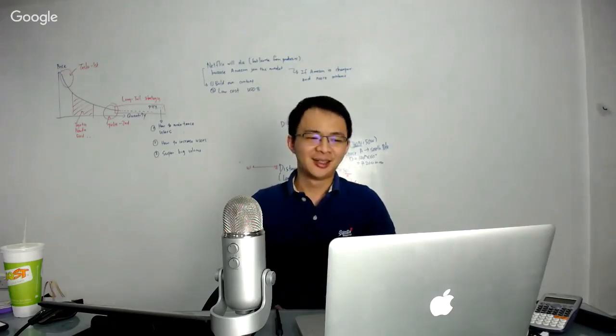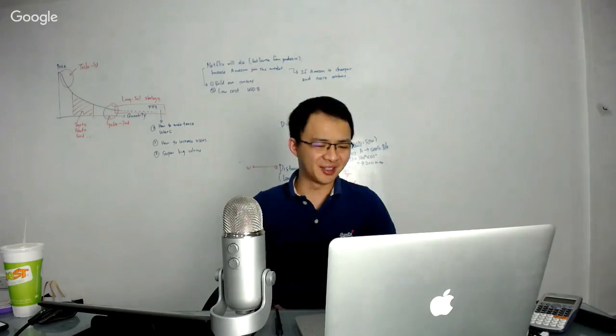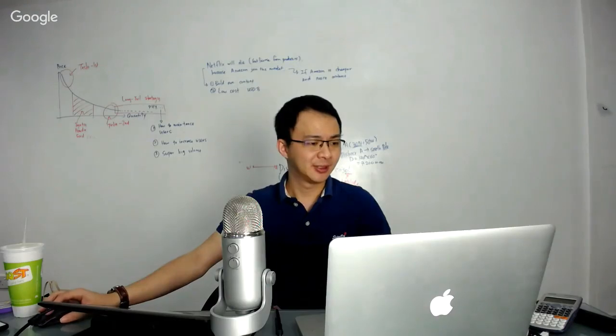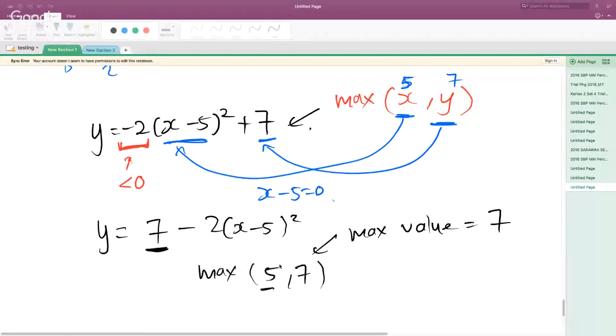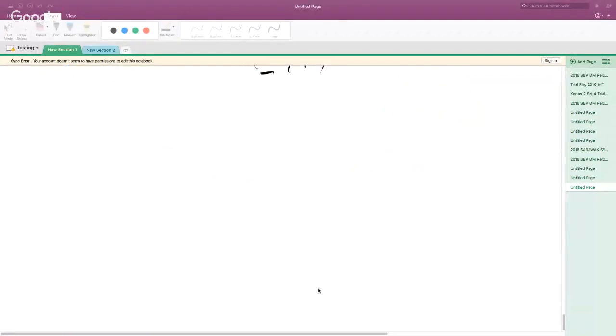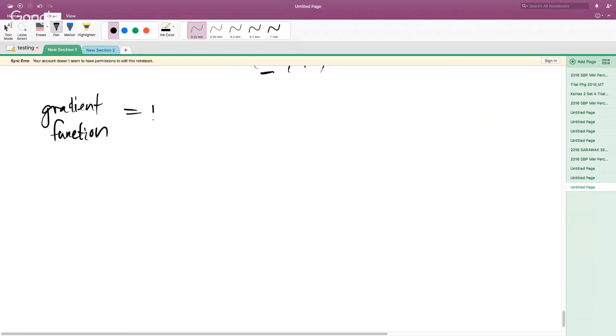Okay, let's have a look at the gradient function for a while. First thing is, whenever you see the gradient function, it actually means m.